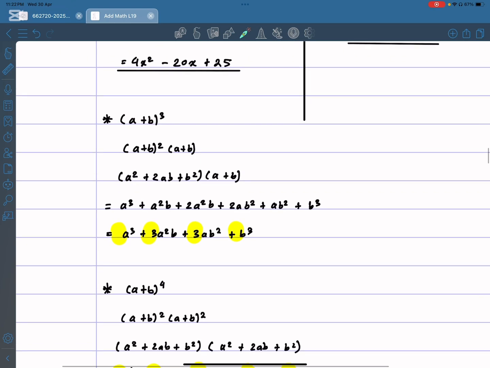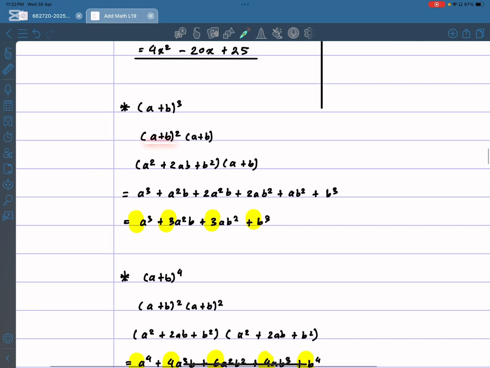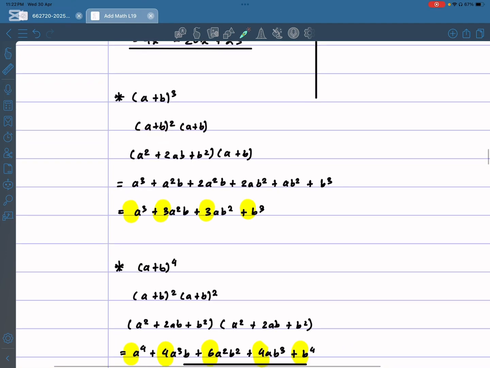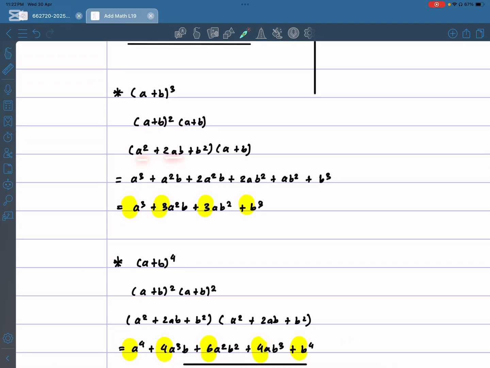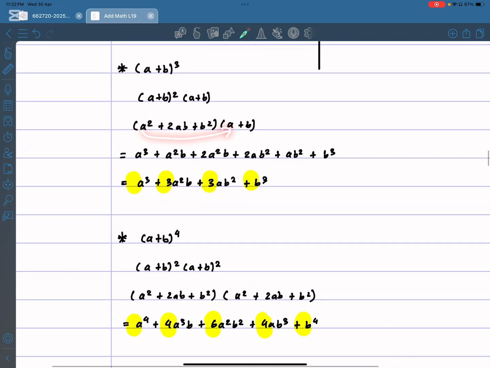It's pretty easy. We simply do (a + b) squared times (a + b). So we use a squared plus 2ab plus b squared, and then we use the FOIL method to distribute all of these terms throughout a and b. So what do we get? a squared multiplied with a is a cubed, and a squared multiplied with b is a squared b.